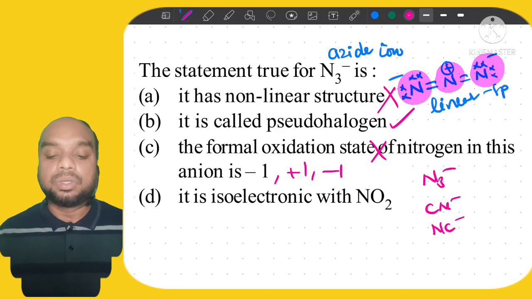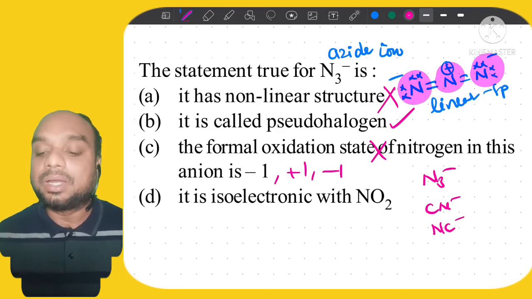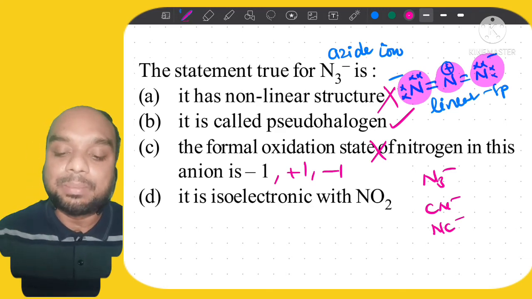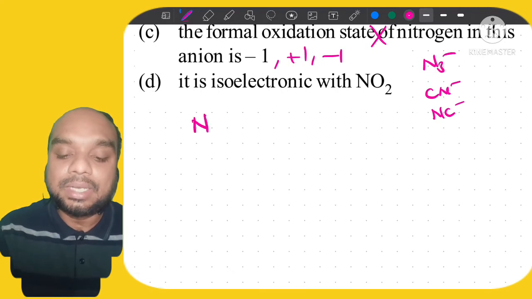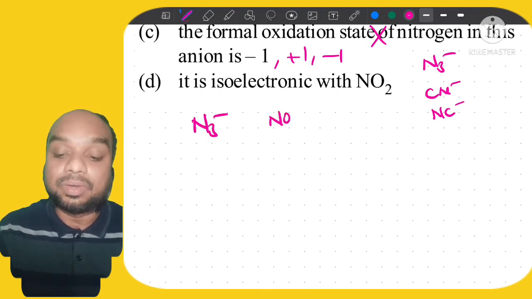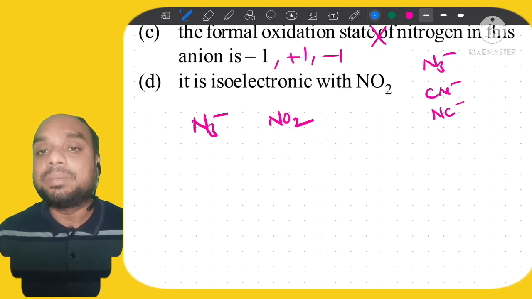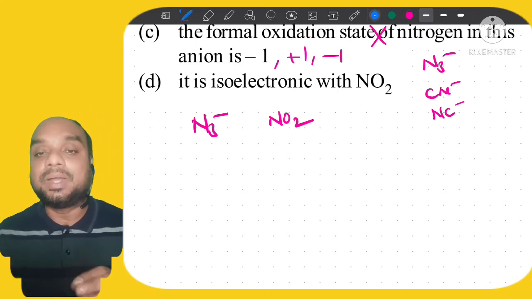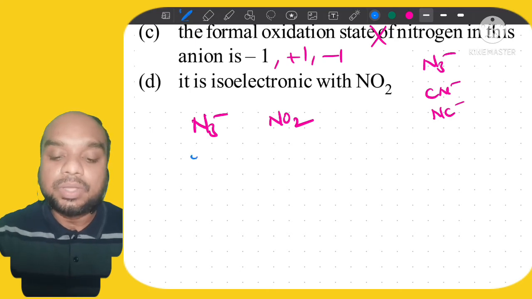The third statement is also wrong. Next, it is isoelectronic with NO2. We will see the number of electrons here. N3 minus and NO2 are given. Here N3 minus: nitrogen atomic number is 7, three nitrogens is 21, so 21 plus 1, 22 electrons.